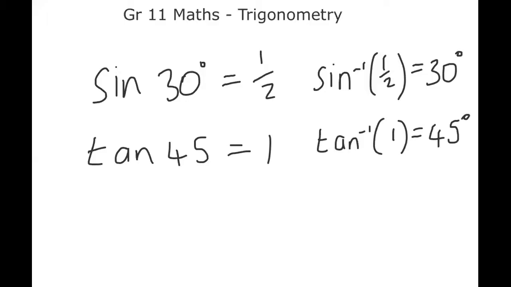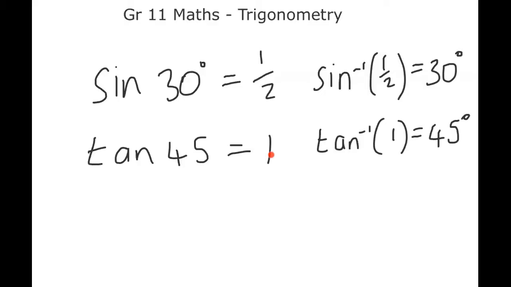As you know, normally, if you do this on a calculator and you work out sin of 30, that will equal a half. And if you say tan of 45, that will be equal to 1. But you can also work out what I call the inverse.